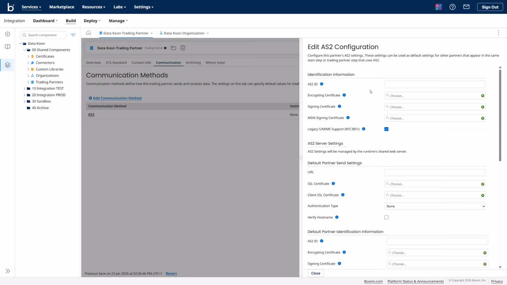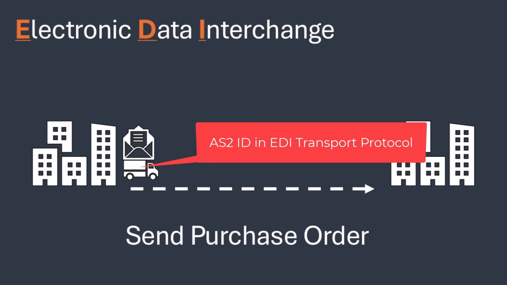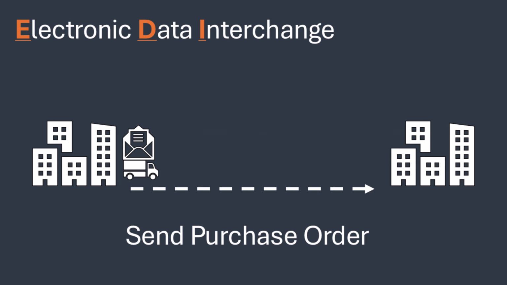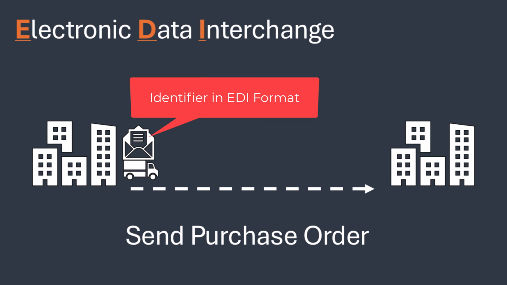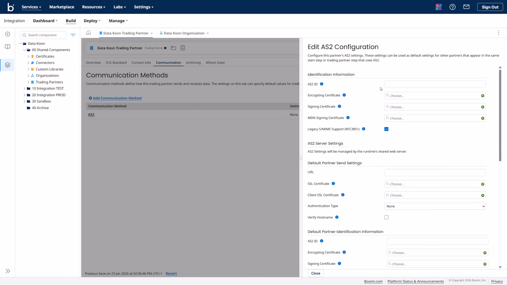Here is the image again as a reminder. AS2 ID in the EDI transport protocol and the identifier in the EDI format. We can come up with the AS2 ID here.